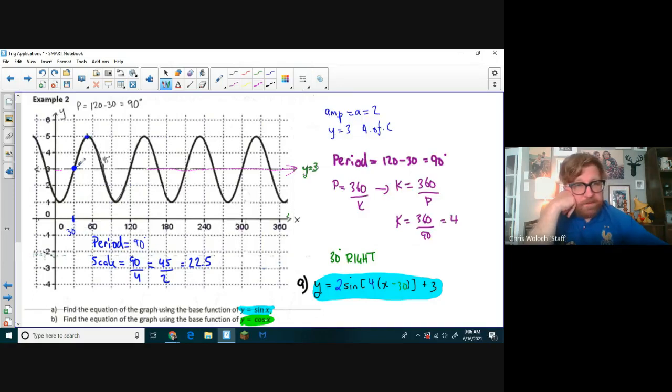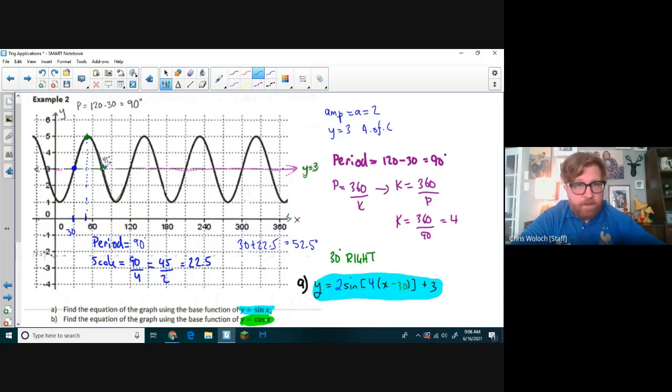Well, I know that this point down here is going to be 30, I'll write it down here, plus 22.5, because like I said, the horizontal gap between every key point is 22.5 degrees. So that is 52.5 degrees, right? So that's what this is.